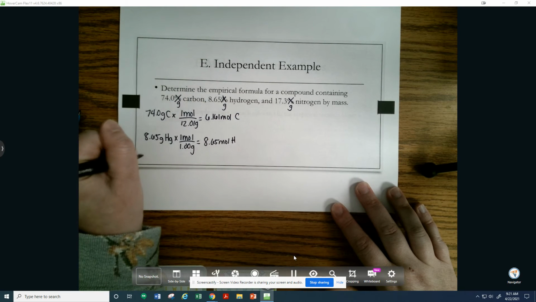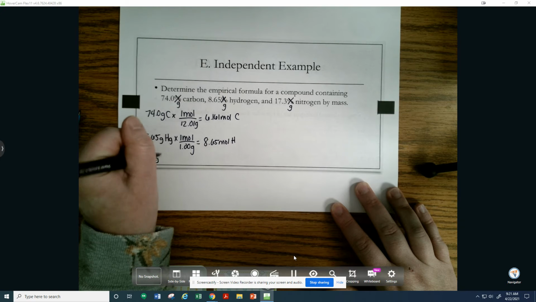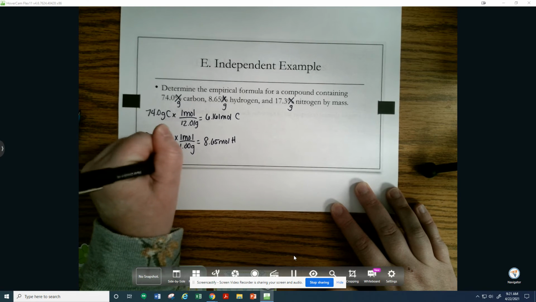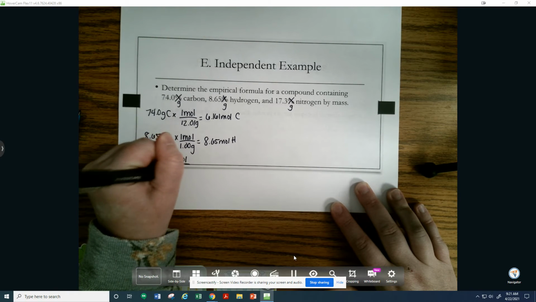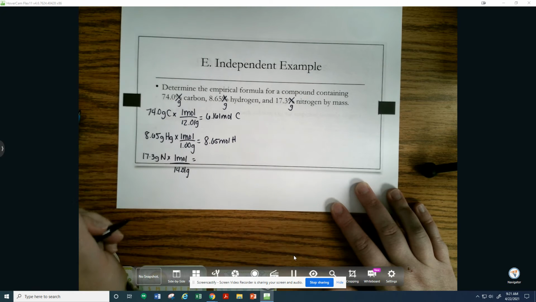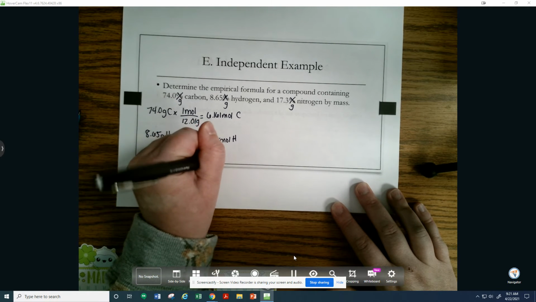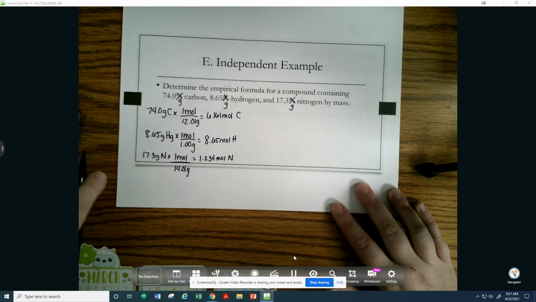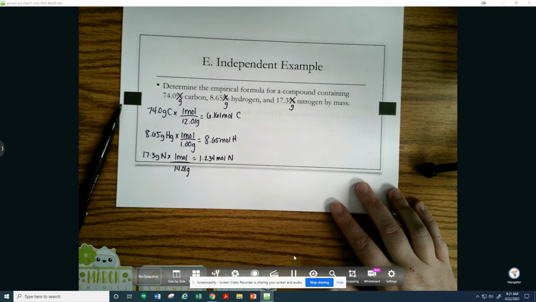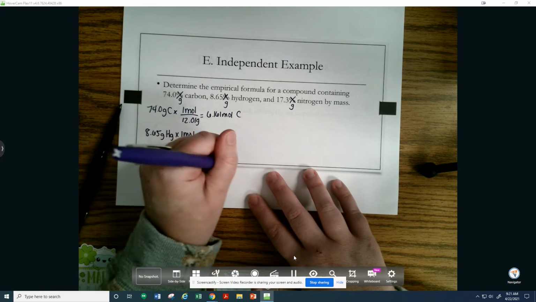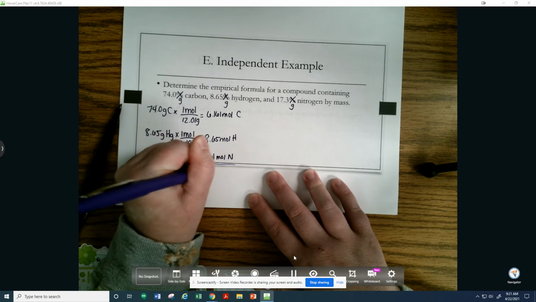And then here you have the 17.3 grams of nitrogen. 14.01 is the mass. And so when you divide that out, you get 1.234 moles of nitrogen. Again, we now need to get our ratio. You do that by dividing by small, which is the nitrogen. So divide these all by 1.234.